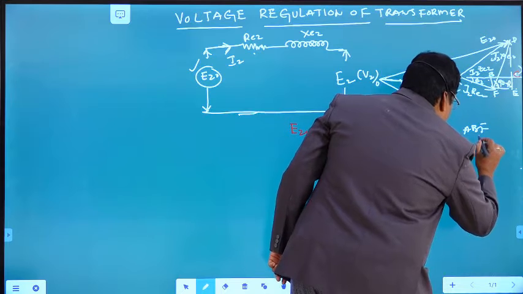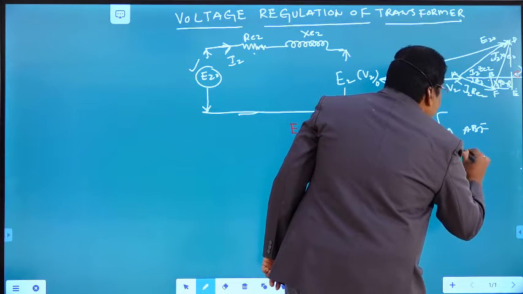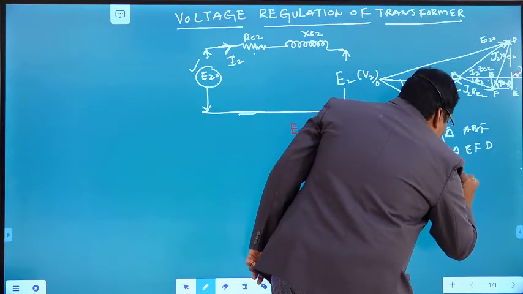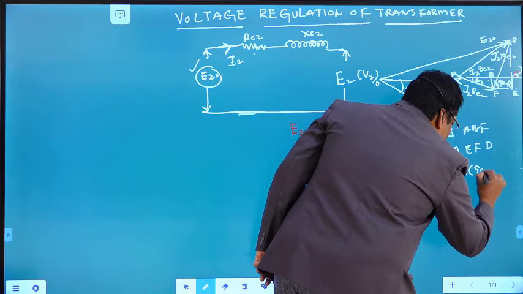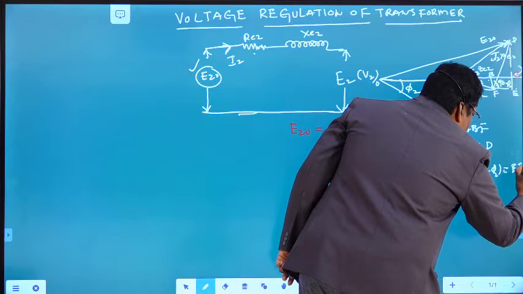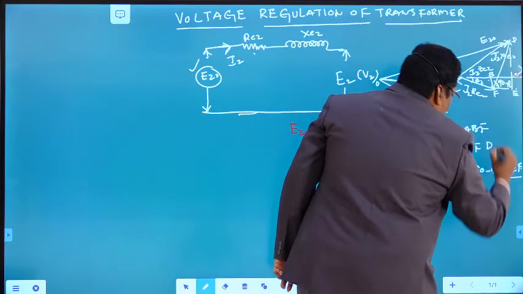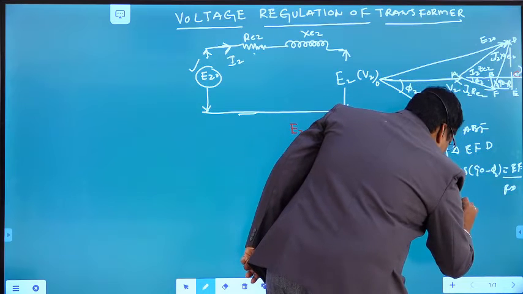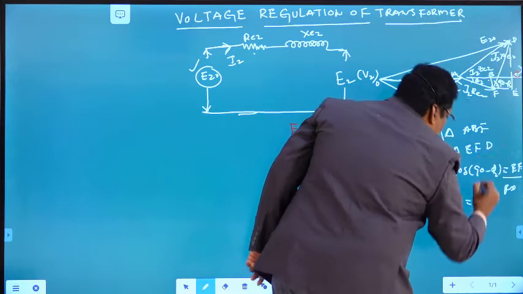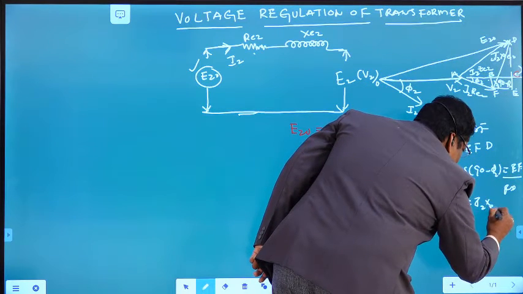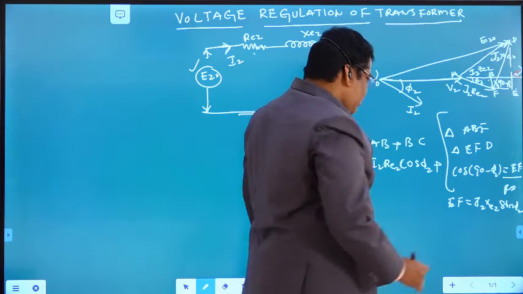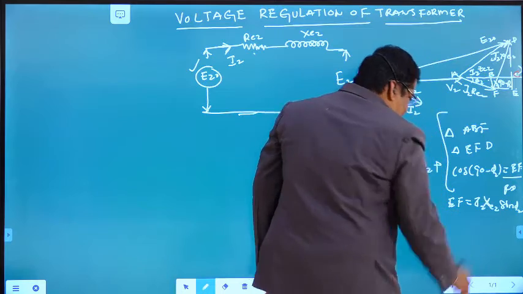In triangle EFD, cos of 90 minus phi2 equals EF divided by FD. So EF equals FD, and FD equals I2 XE2 sin phi2.